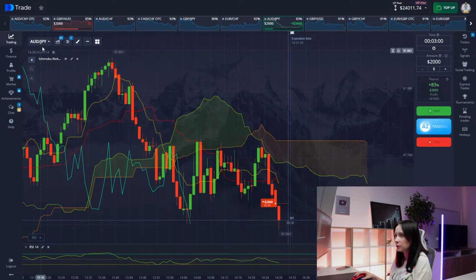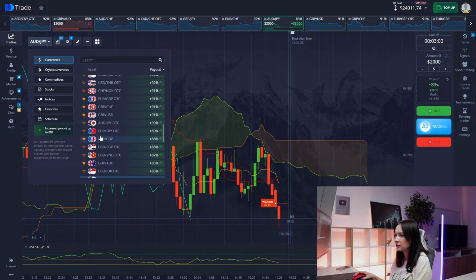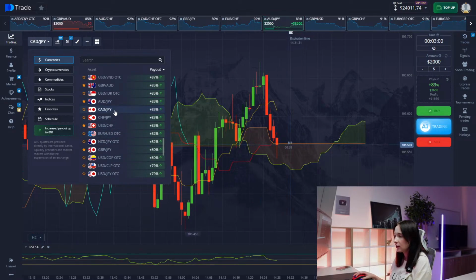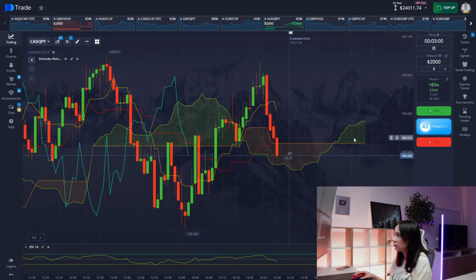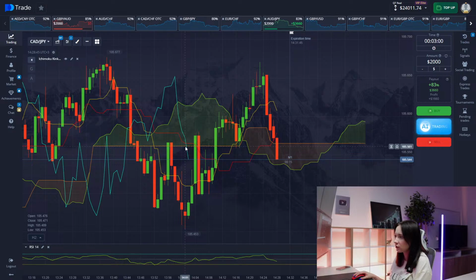So let's just wait, and while I'm waiting, I will continue analyzing. Okay, this one, you can see that now it's really a good idea. After it comes out of the cloud, I will open a sell position here, because there is already a crossover and the conversion line is crossing the baseline below, which means opening a sell position.